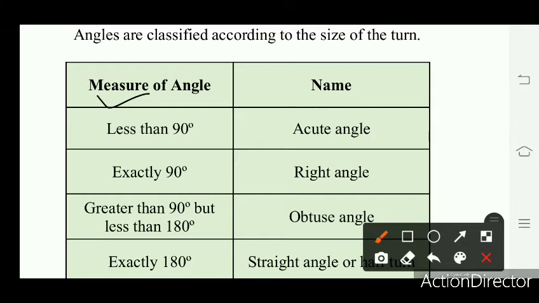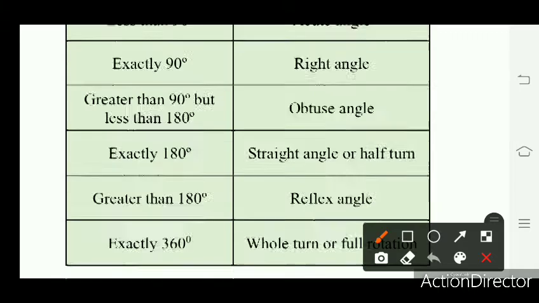An angle less than 90 degrees is known as an acute angle, and an angle which is exactly 90 degrees is known as a right angle. Now, angles greater than 90 but less than 180 degrees are known as obtuse angles.